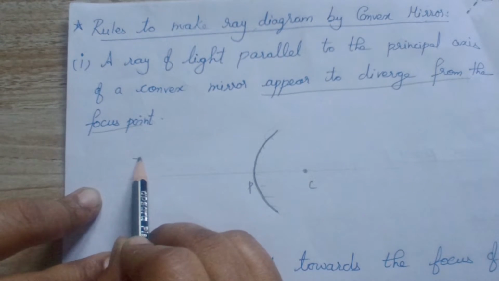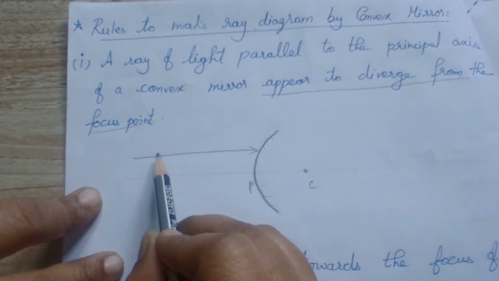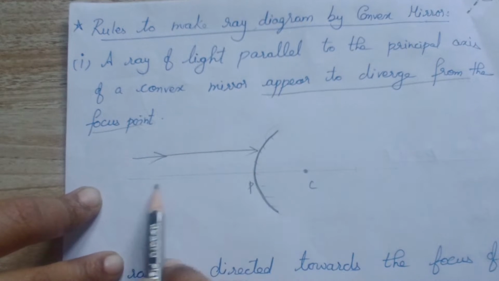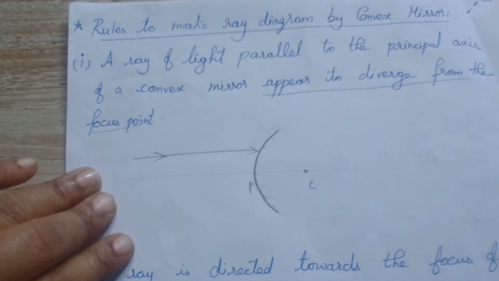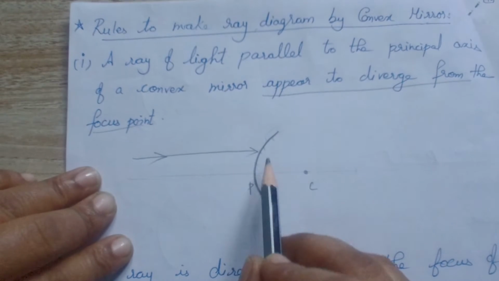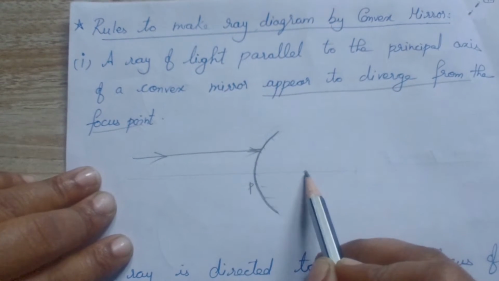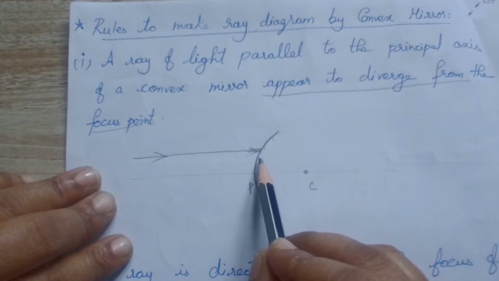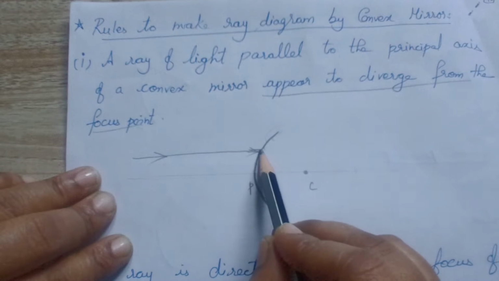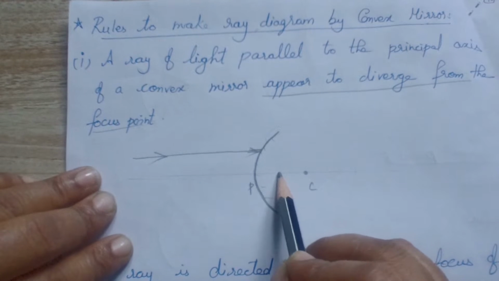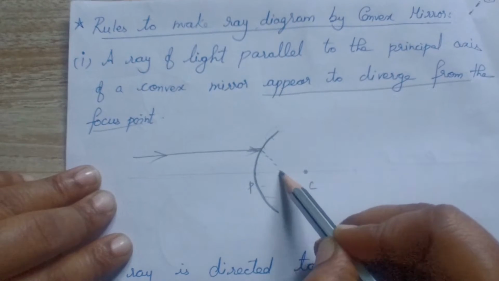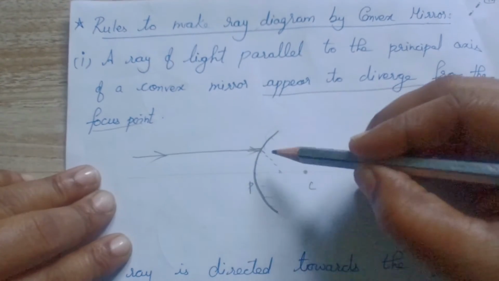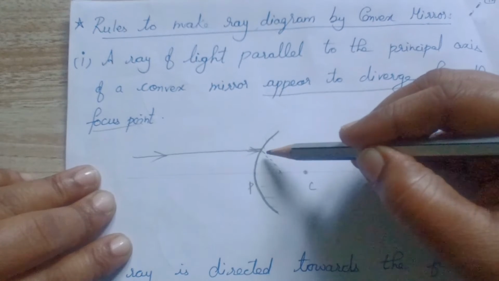When the ray of light is parallel to the principal axis of a convex mirror, it appears to diverge from the focus point. So this is your striking point, and the focus point will be here. First we will draw the reflected ray correctly.